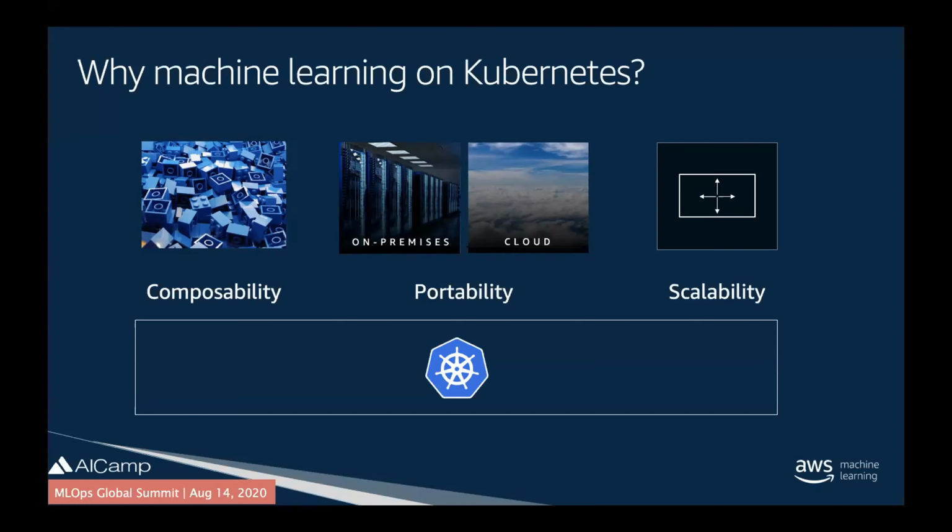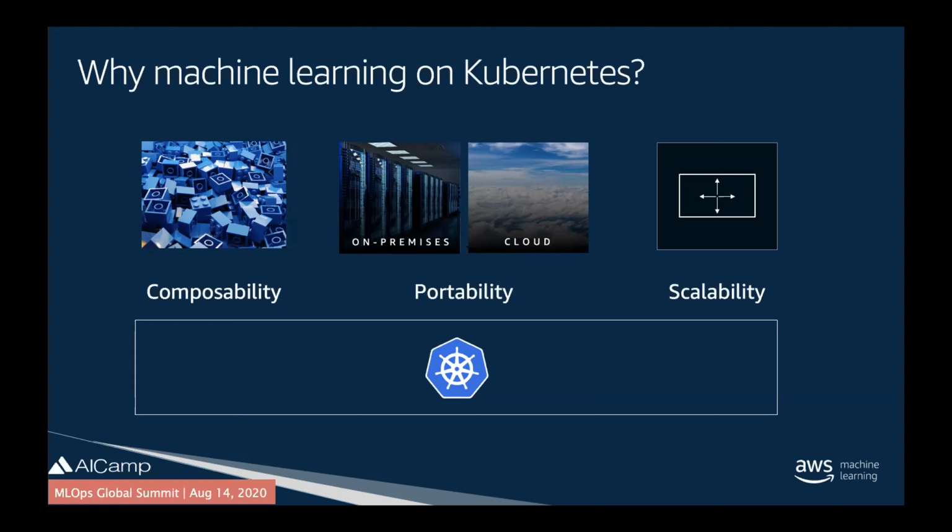One is composability. You can write components and reuse them across different projects, and we will see how that works. The other thing is portability. Wherever you run Kubernetes, you can migrate your workloads. You can run Kubernetes even on your laptop, although it's very resource intensive, but you could. You can run it on an on-premise cluster environment.